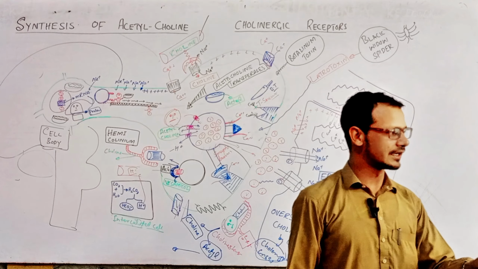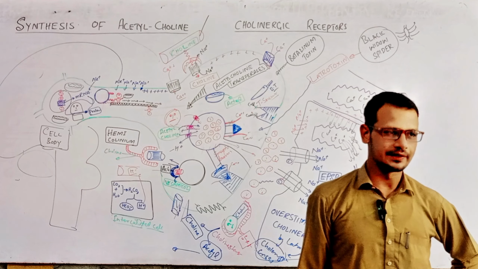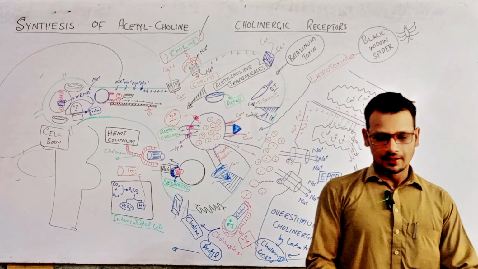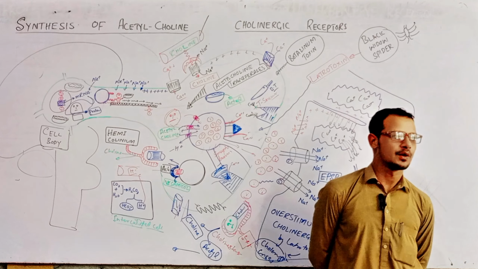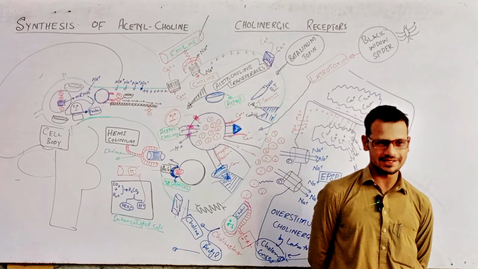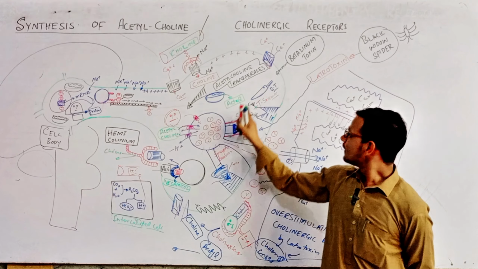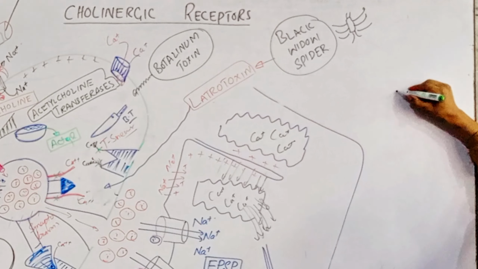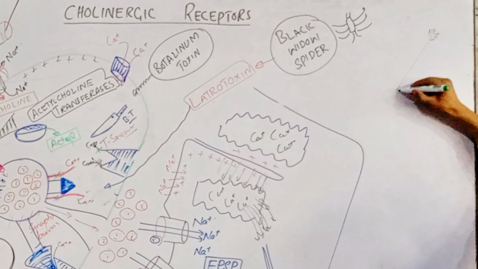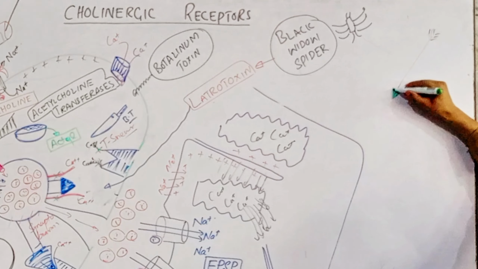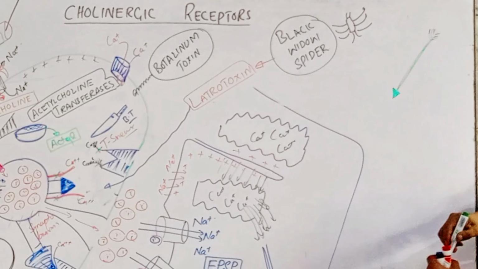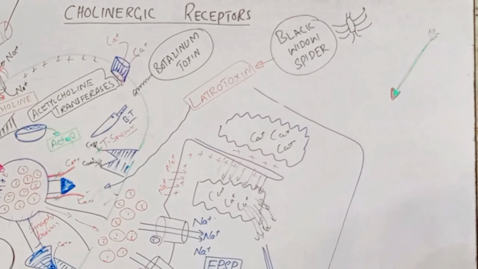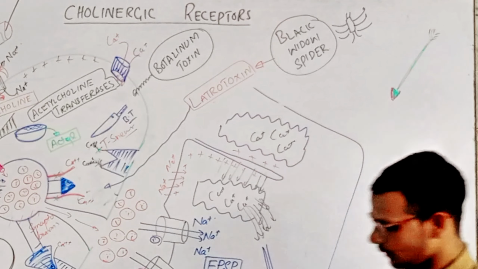The last one is the tuberculosis drug. Nowadays it is also used in operation theaters for paralyzing the muscles, right? In past eras, when someone wanted to paralyze a person, they would take, for example, this arrow, apply the drug on this arrow, and when this arrow hit a person, it blocks these receptors.